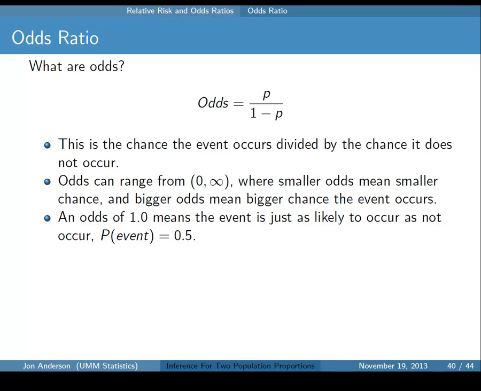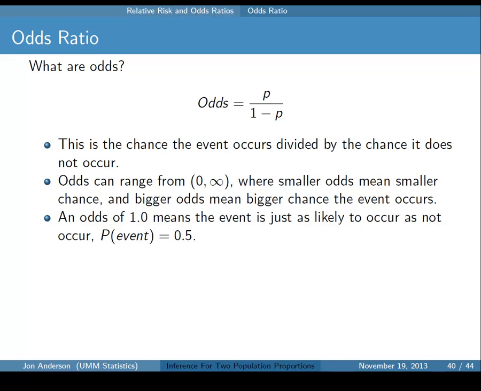So if an event is equally likely, like a coin flip with a probability of heads of a half, it has the probability of not being heads, tails, also of a half, and a half divided by a half is an odds of 1. So something with even odds is equally likely to happen or not happen.